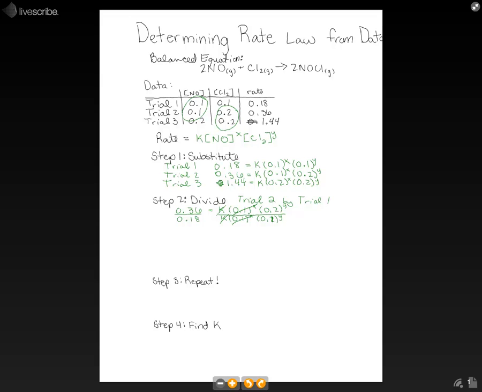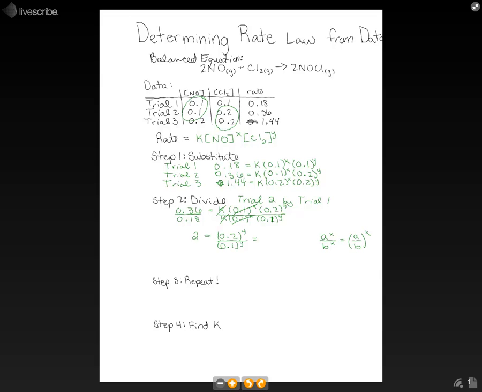So 0.36 divided by 0.18, we just get 2 equals 0.2 to the y divided by 0.1 to the y. And there's a handy little algebra trick we're going to be using here, and that's that a to the x divided by b to the x simply equals a divided by b, all to the x.